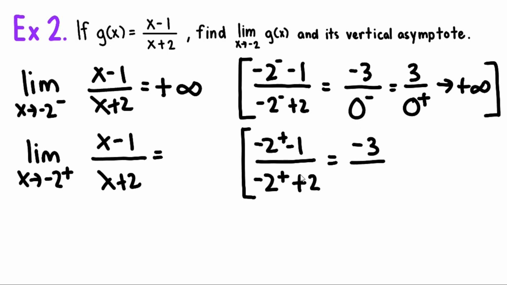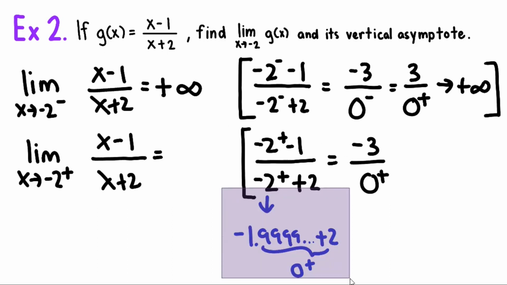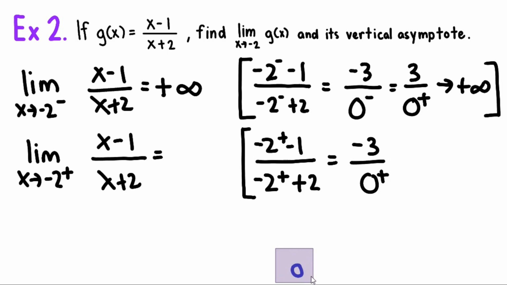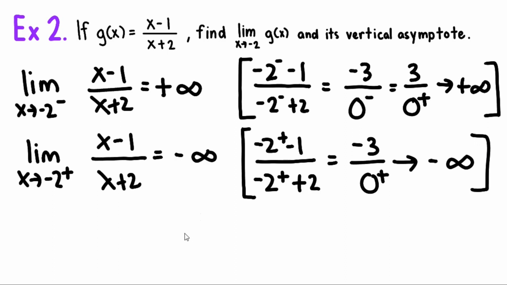For the denominator, values from the right of negative 2 are like negative 1.9999 and so on. So when we add 2, the outcome is close to 0 but positive. So we'll have 0 from the right. And since we have a negative value in the numerator and a positive in the denominator, this approaches negative infinity. So the limit for this one is equal to negative infinity.